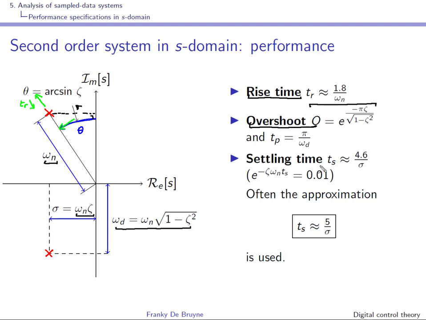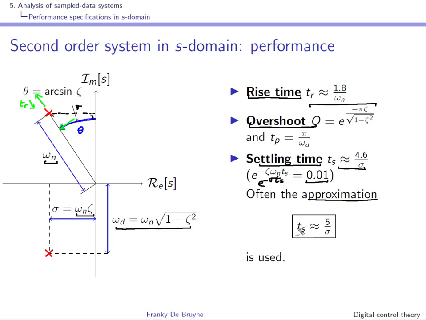The settling time, this is really the time Ts that is needed in order to have e to the minus sigma Ts equal to 0.01. This is this 1% band around the final response, right? If you compute this exactly, this is what you obtain, but we'll use this approximation that was already used in previous courses.